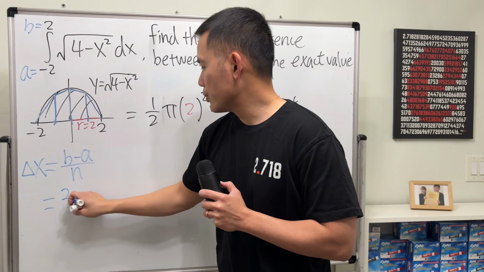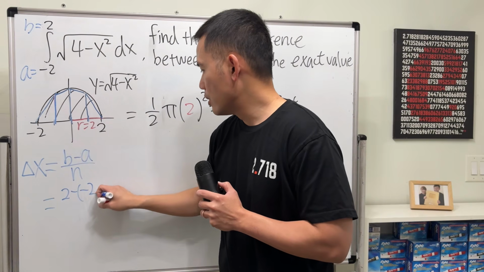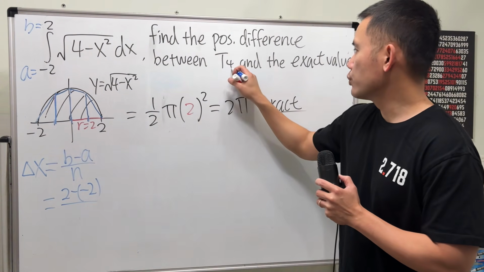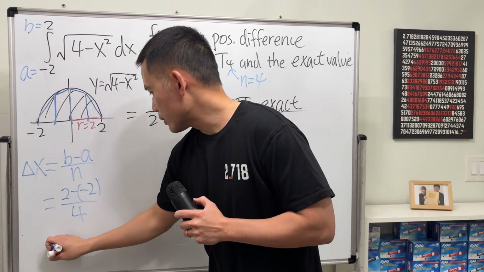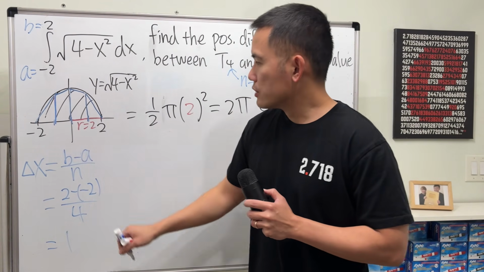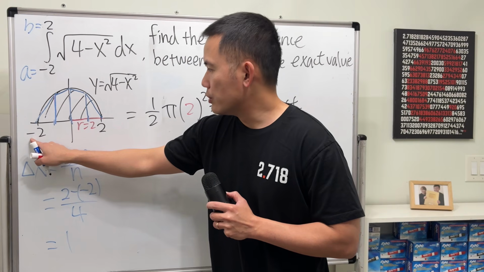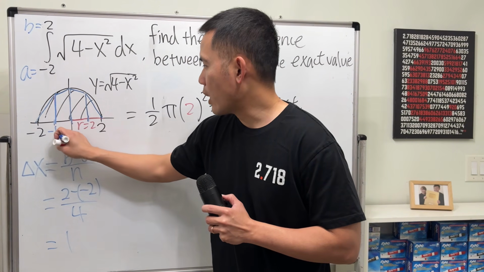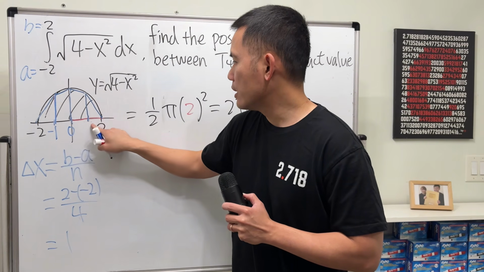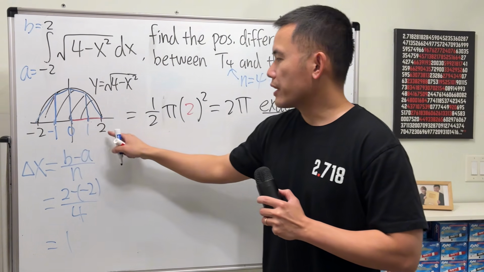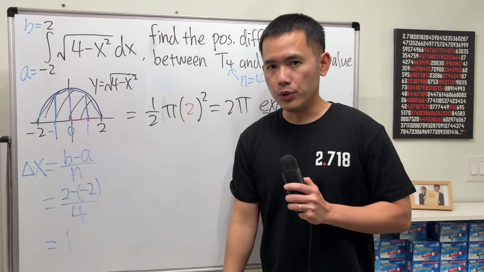So you can just do 2 minus negative 2 over 4, because n is equal to 4. So delta x is just equal to 1. So that means you go from negative 2 and you add 1. So you get to negative 1. And then you add 1 again, you get 0. And then you add 1 again, you get to 1. These right here are the x values that we will be using.